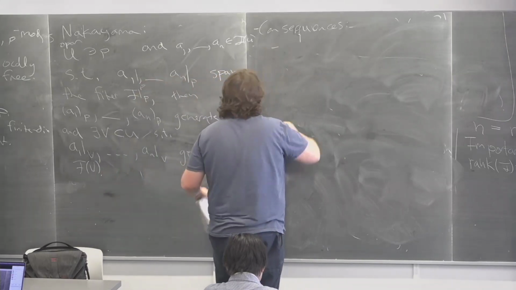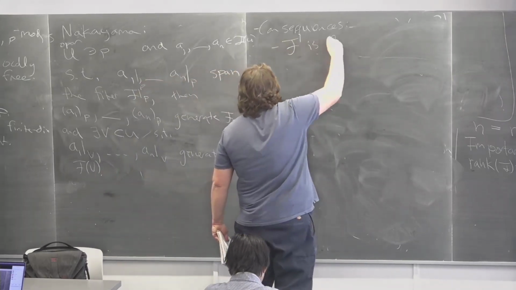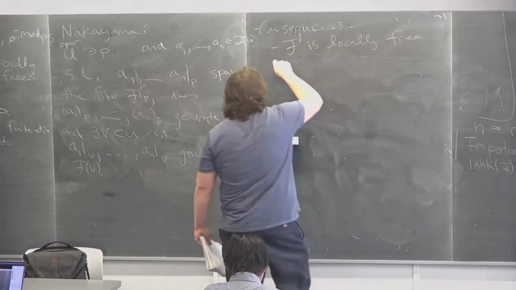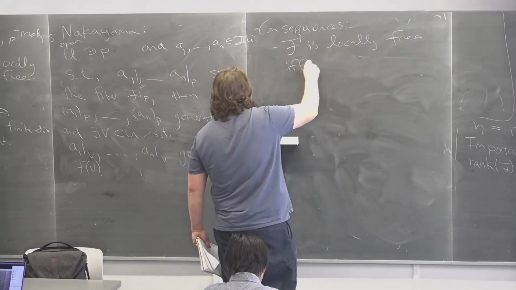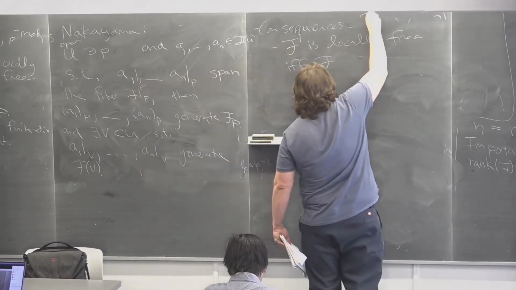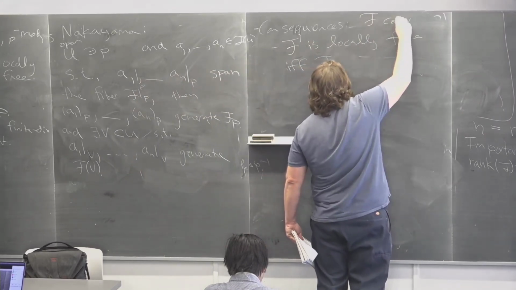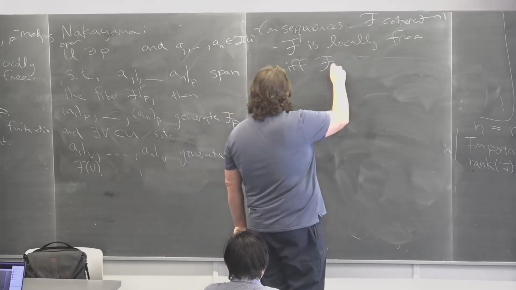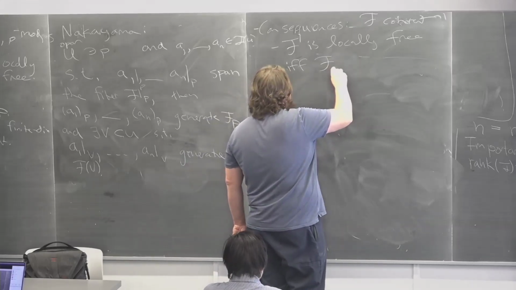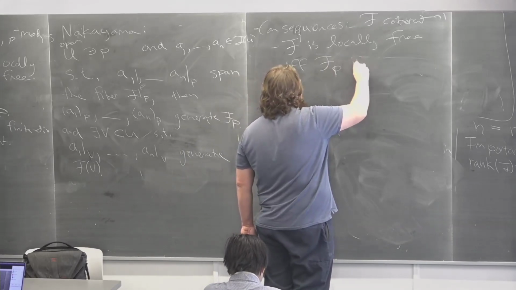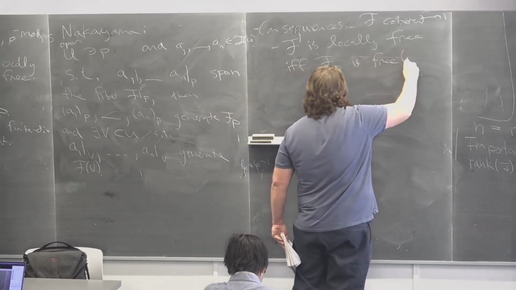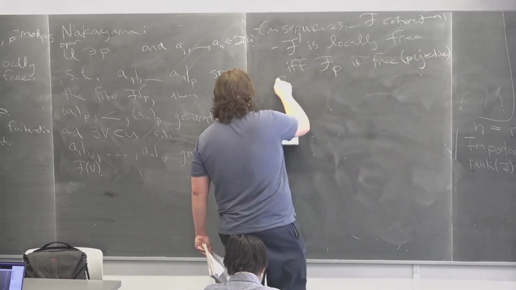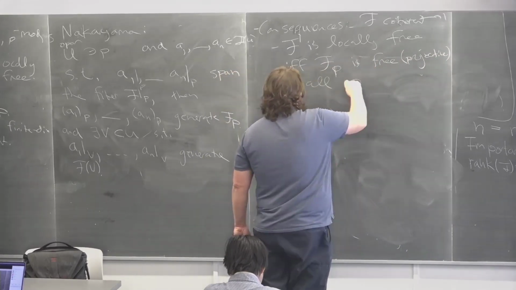F is locally free if and only if, let me say F coherent, of course I'm always assuming that I'm locally Noetherian, if and only if this stalk is free, which is equivalent to saying projective, for all P.